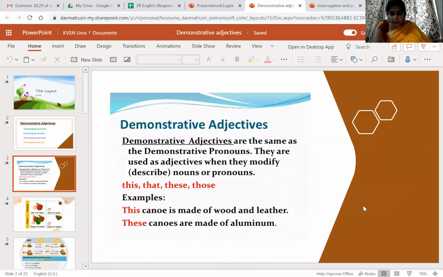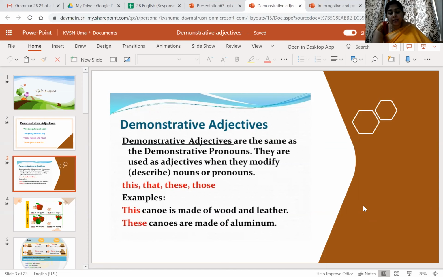Demonstrative adjectives are the same as the demonstrative pronouns. They are used as adjectives when they modify nouns or pronouns. I told you already, when they modify nouns or pronouns. And you know, children, you have to remember, if you put a question, they answer the question which. Demonstrative adjectives answer the question which.